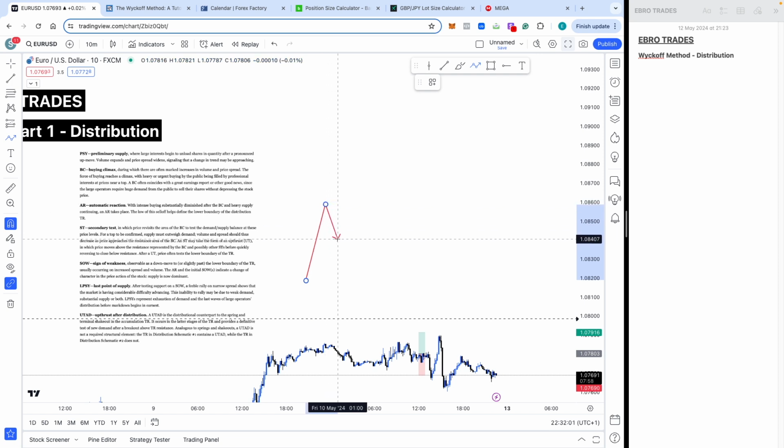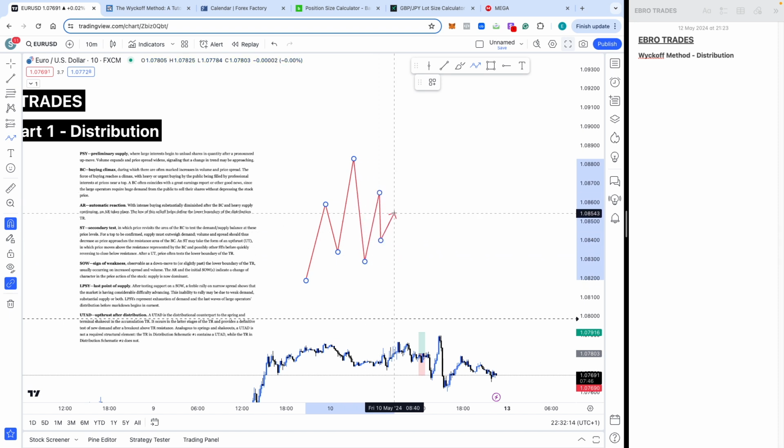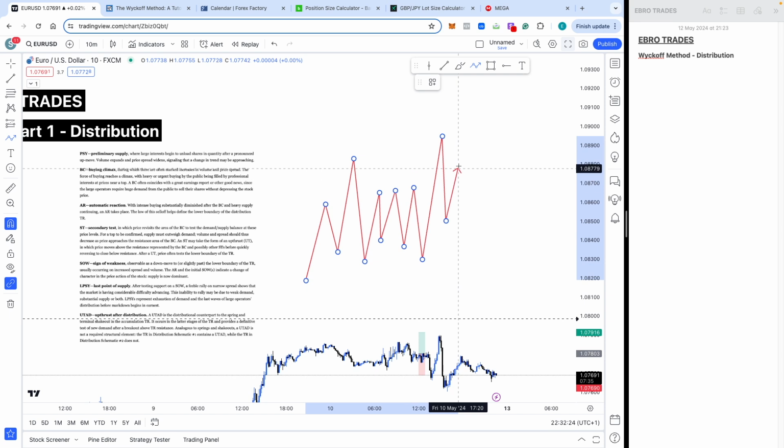I'll see the PSY, I'll see the buyer's climax, I'll see the automatic rally, which comes down. Then I'll see this ranging behavior over here, which some would call consolidation, before seeing our UT, which would rise above our buyer's climax, and then even more ranging behavior before I see our spring.